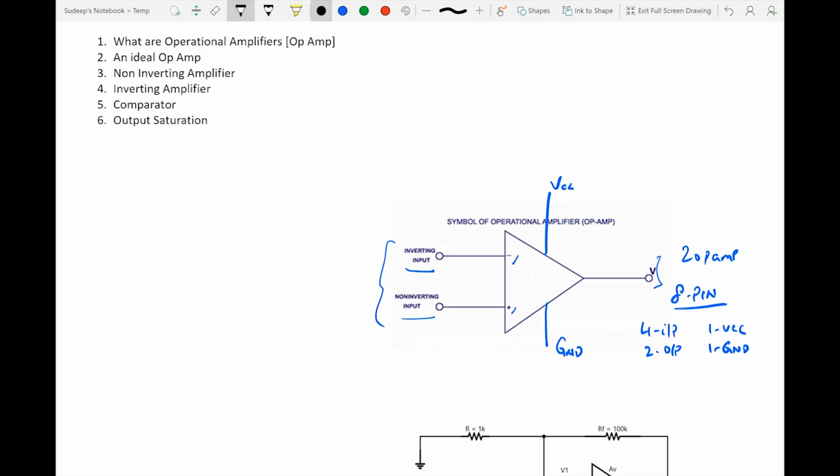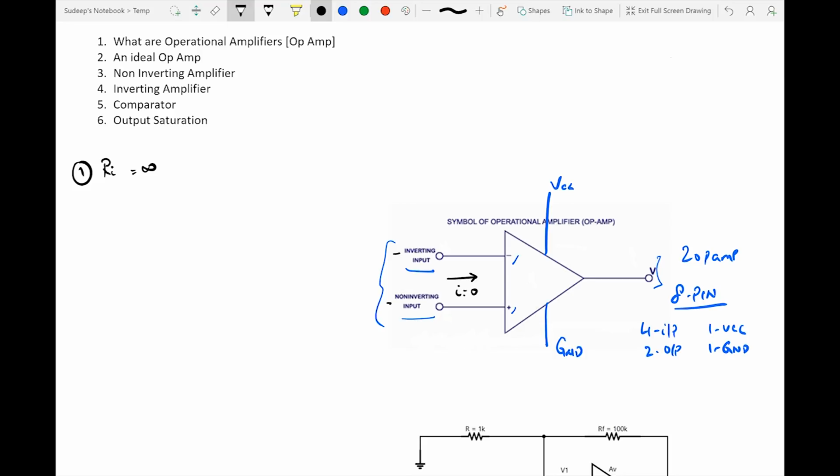The first characteristic states that the input resistance Ri, the resistance offered at the input of an operational amplifier, is infinite. Which means that the resistance offered at the inverting input and the non-inverting input is infinite, and it also means that the current at the inverting and the non-inverting terminal would always be zero.